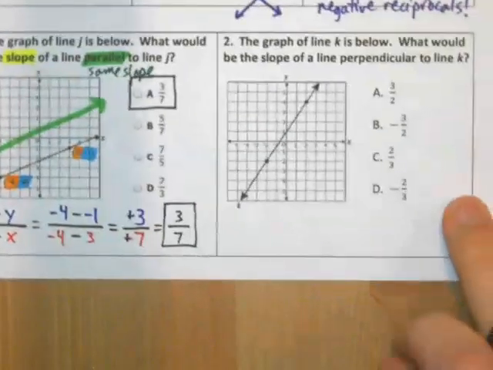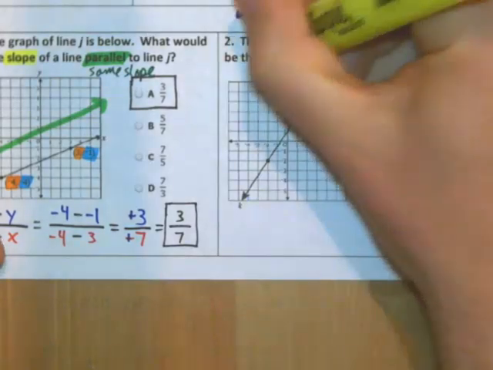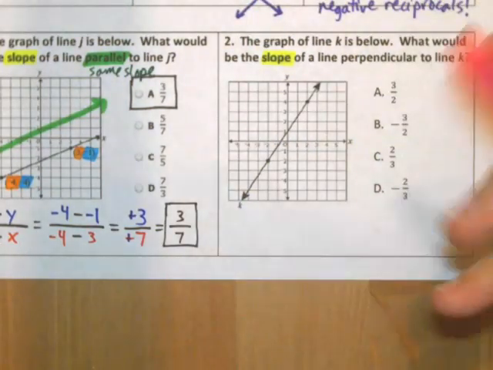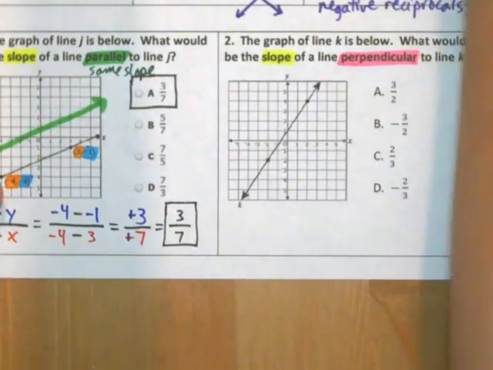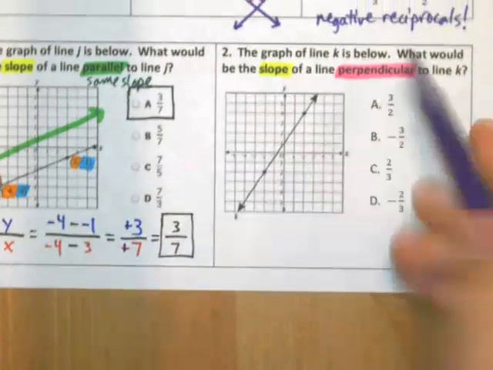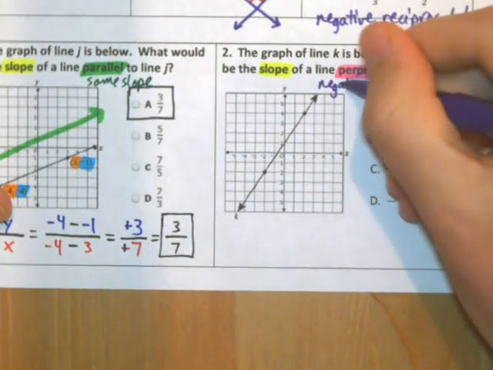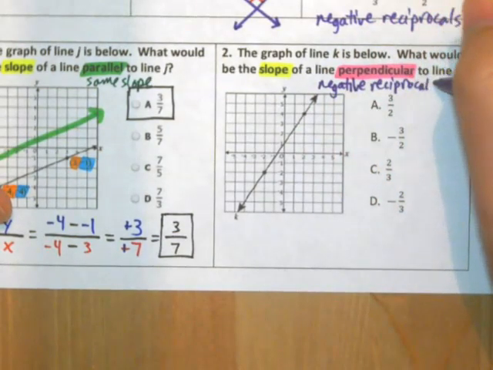The next example problem says the graph of line K is below. What would be the slope of a line perpendicular to line K? So obviously we're talking about slope again for this problem, but this time, slope of a line perpendicular. And remember, above we learned that perpendicular lines, their slopes are negative reciprocals.